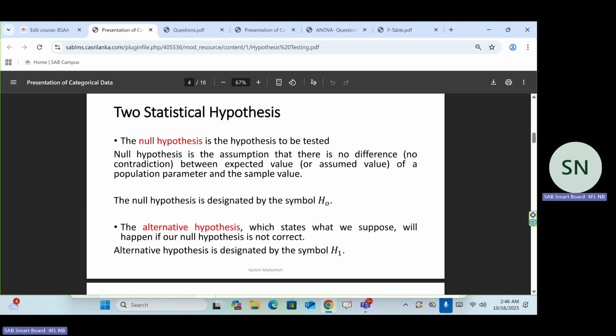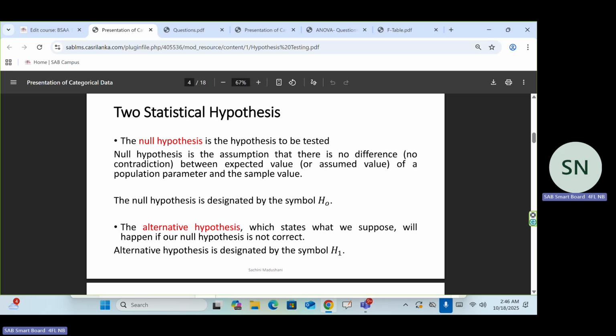What is the thing we need to prove? That is the alternative. It is the claim or statement about the population parameter. We denote the alternative hypothesis by H1.